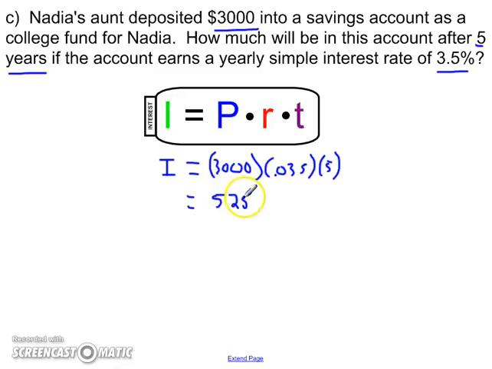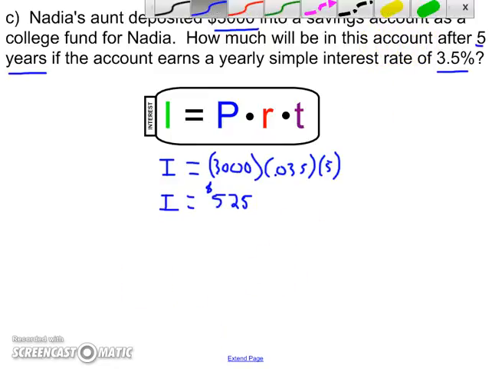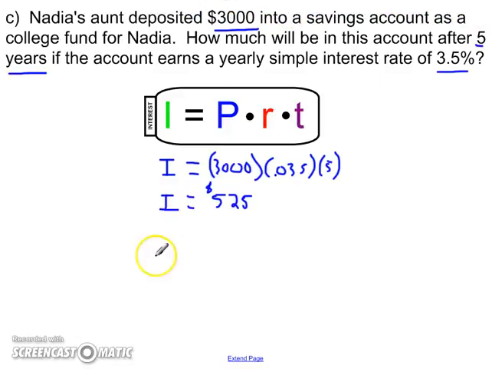Now in this case, this is not the answer to the question though. This is just how much interest she earned. She earned $525. The question is how much will be in this account after 5 years? Well, we will have to take the principal, the $3,000 that we invested in the first place, and add the interest that we've earned over that 5 years.